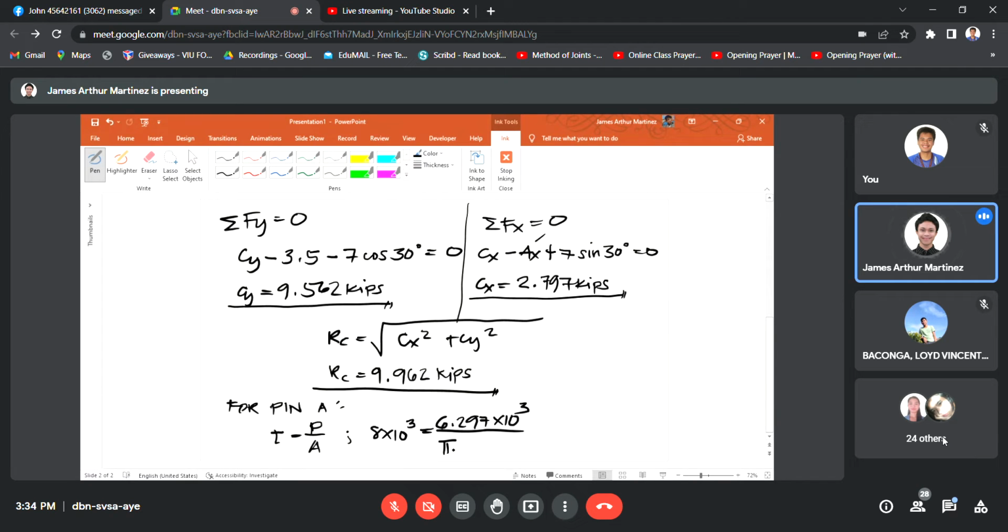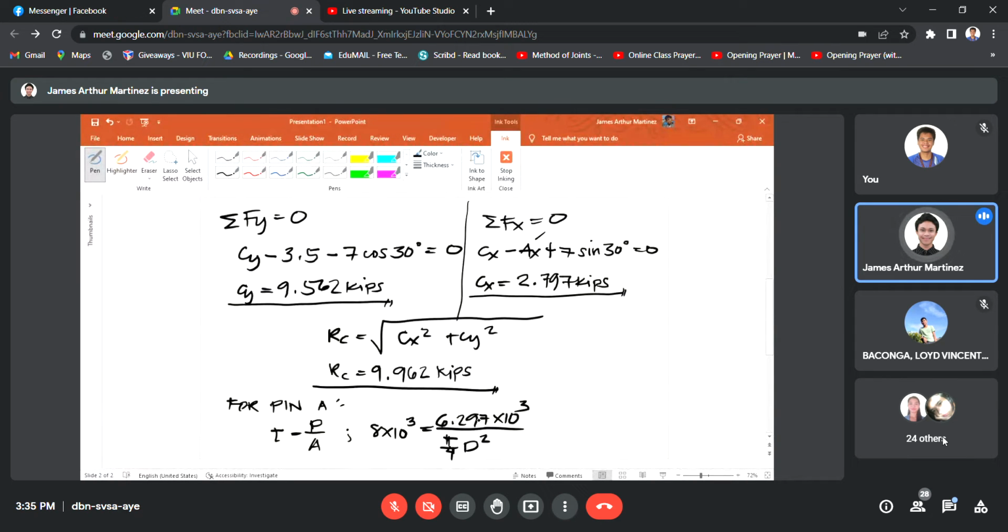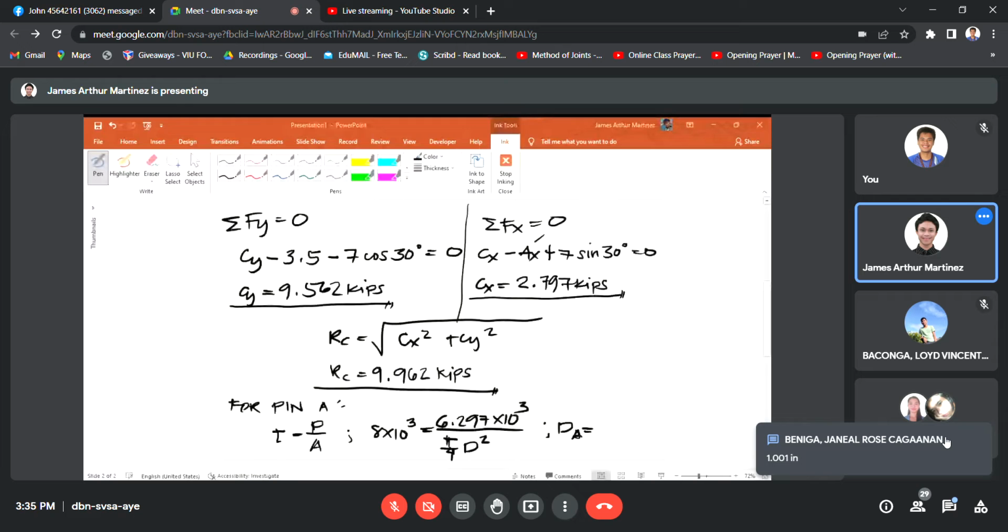So it's just pi over 4 D squared, so that we can get its diameter directly. Therefore, the required diameter at pin A would be 1.001 inch.